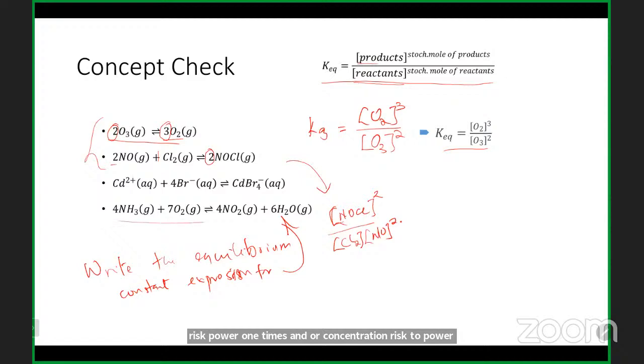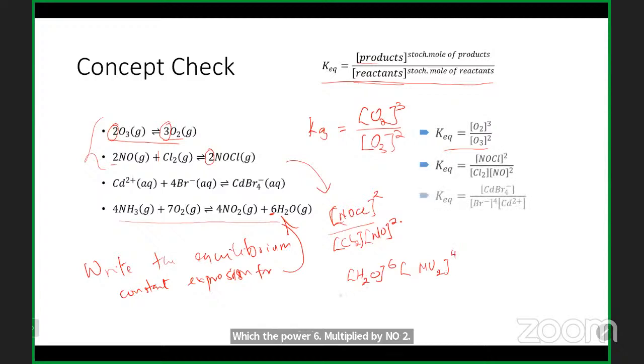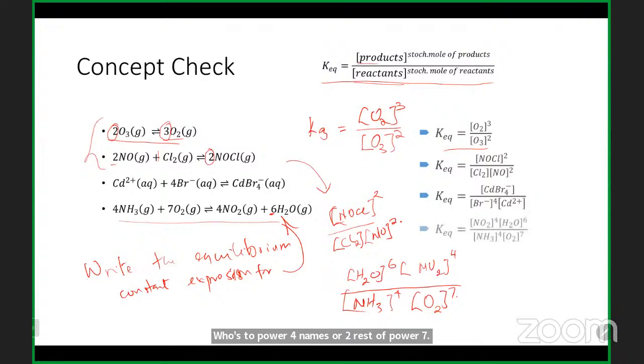This one has 2 products and 2 reactants, so that's H2O raised to power 6 multiplied by NO2 raised to power 4, divided by NH3 raised to power 4 times O2 raised to power 7. So that is the concept check.